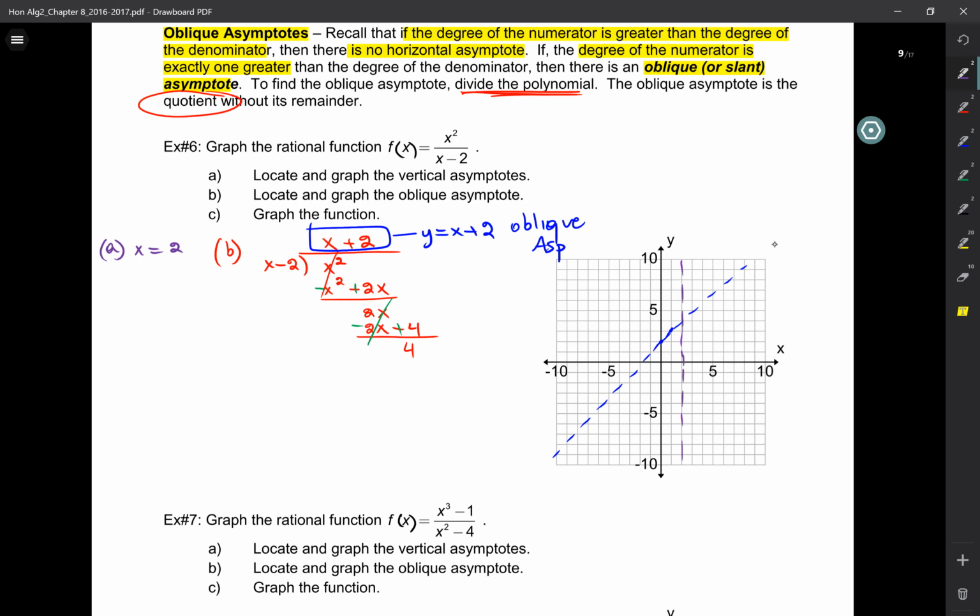Like when x equals 5 and 10, when you plug them in here, the numerator is squared, it's always positive, and this is going to give you positive, so it's positive.